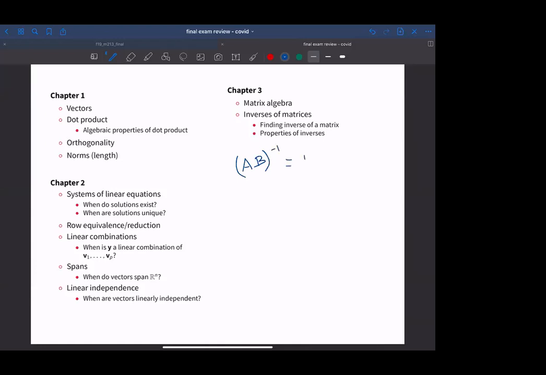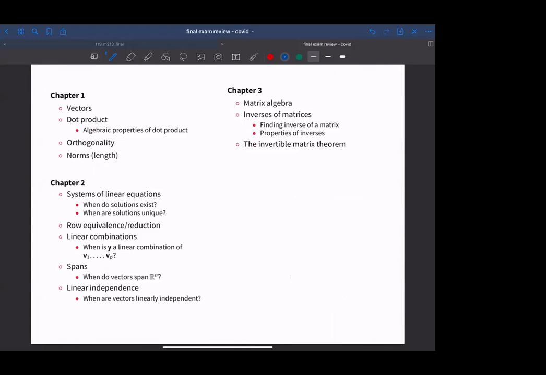But this is the same thing as taking the inverse of B and multiplying it by the inverse of A, okay? Where I've swapped the order. So this is one property of matrix inverses you should know. And there are others. I'm not going to list them all, but for example, taking the inverse of the transpose of a matrix is the same thing as taking the inverse and then taking the transpose, okay? So there are other properties, but this is what I mean when I say properties of inverses.